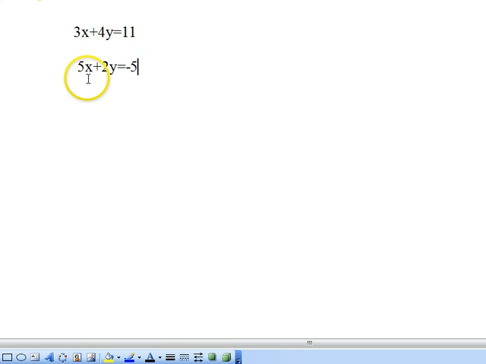So if we multiply this equation by 2 on both sides, this will eliminate our problem.